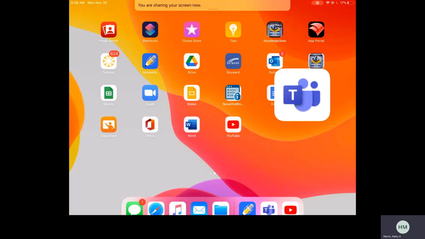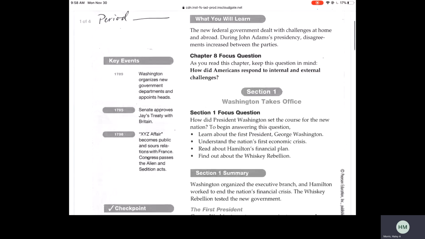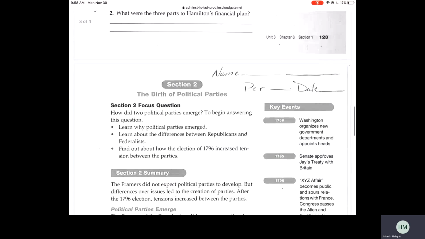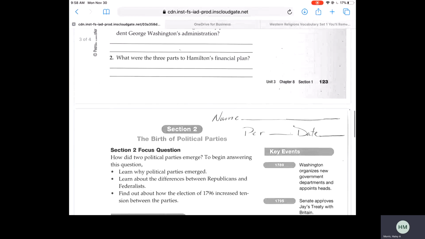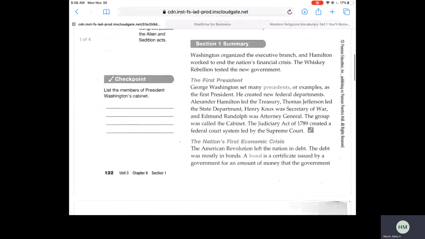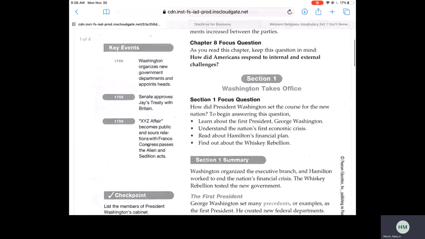Hello, everybody. So on our Canvas page, we have an assignment to go over this reading over Washington taking office and then the birth of political parties. And so what you're going to do is read through this, and as you read through, there are questions in the margins.